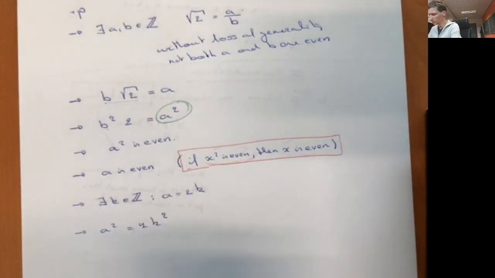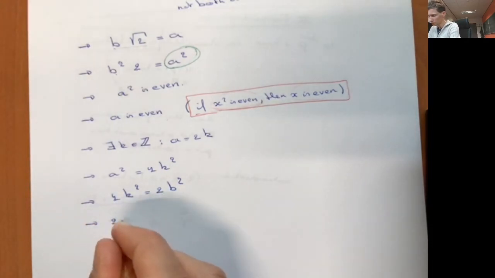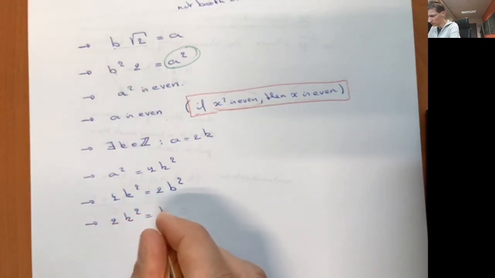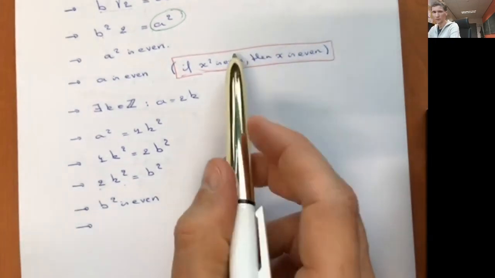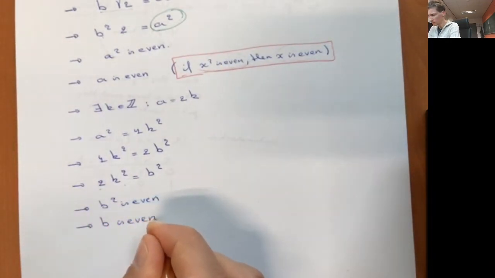So we get A squared is 4K squared is equal to 2 times B squared. So we can get rid of the 2 here and the 2 here. So you have 2K squared is equal to B squared. Then you have that B squared is even because it's 2 times a number.